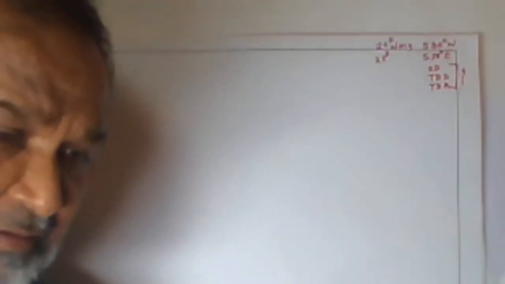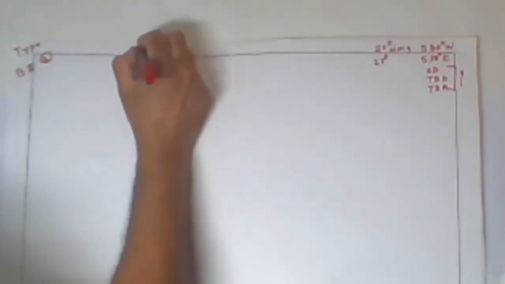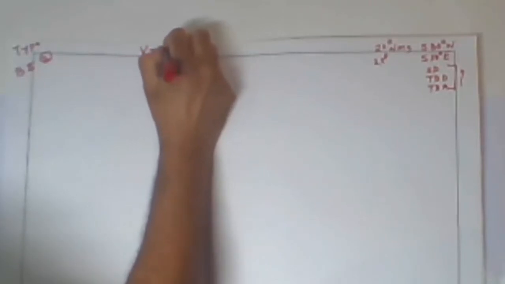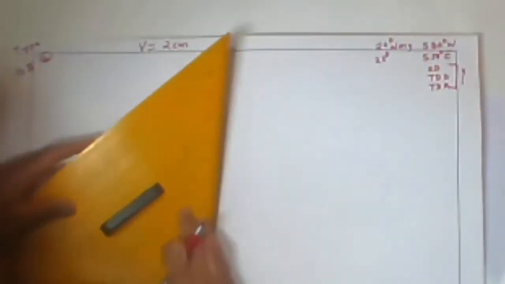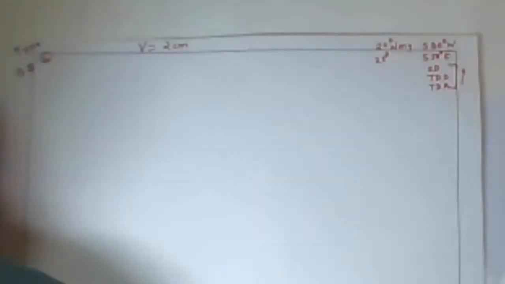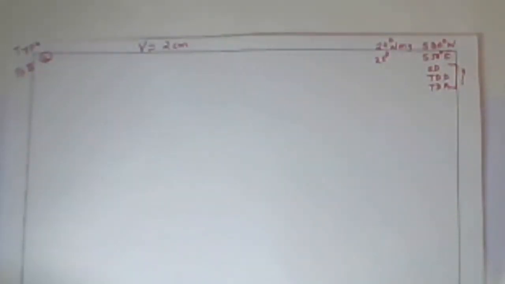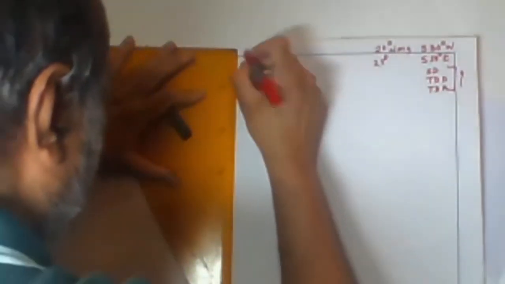Now we will see, as usual, we will take 2 centimeters. Yes, here it is not proper. This one is a proper one. It joins and ends properly. Both the lines are parallel.